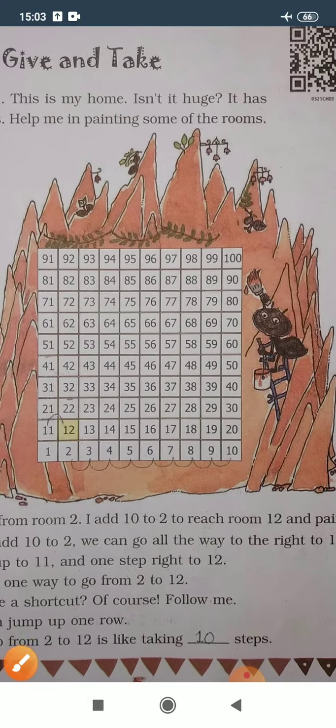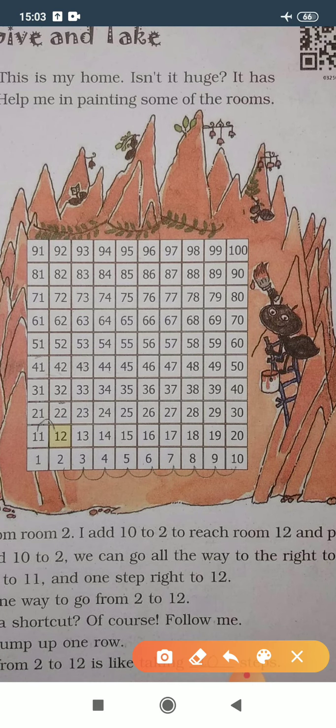First find it. 22 is here and we need to reach 41. In this we just need to subtract 22 from 41, but the calculation must be tricky.